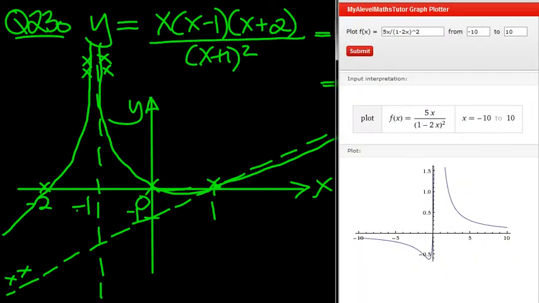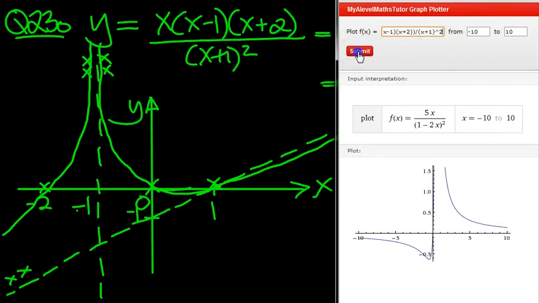So let's have a look at the sketch, see if we've got our guesses right. So on the top, I'll put a bracket around it all. It's x minus 1 times x plus 2. That's on the top. Divided by what's underneath, so I need another bracket, and then divided by bracket for what's underneath, x plus 1 bracket squared.